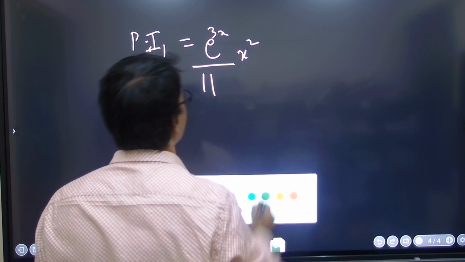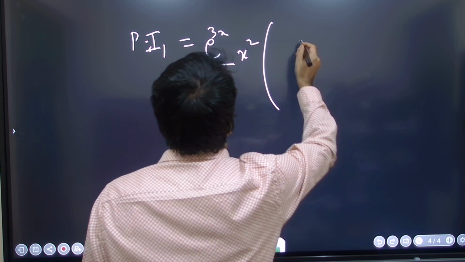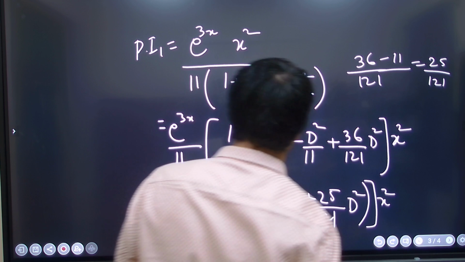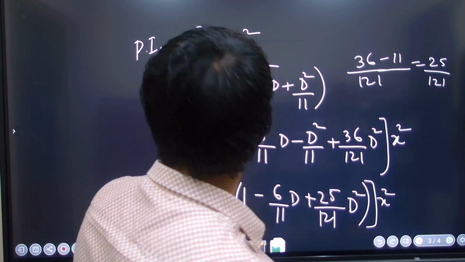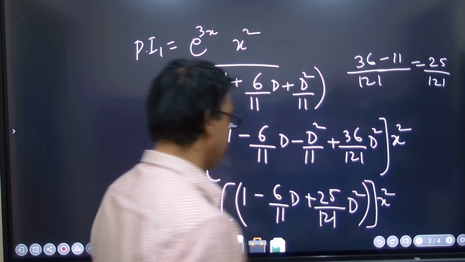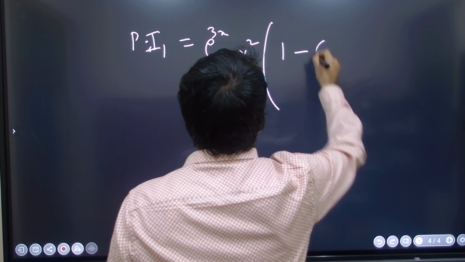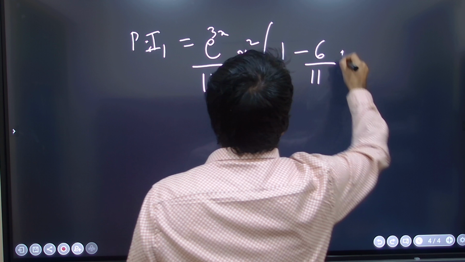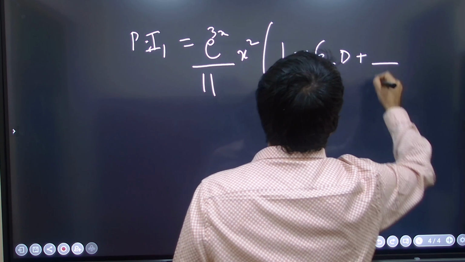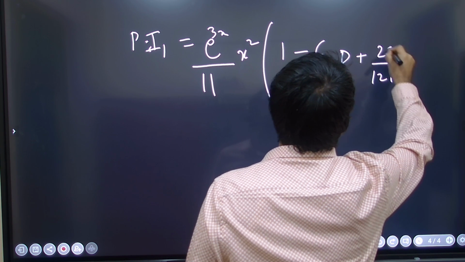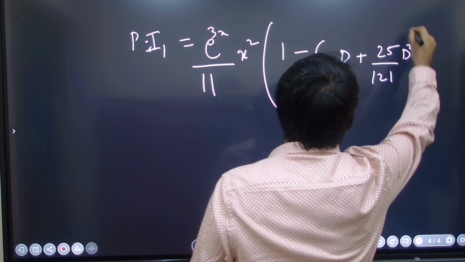This is something we will look into, what we have boiled down to. That is 1 minus 6 by 11 d plus 121 to 25 d square.